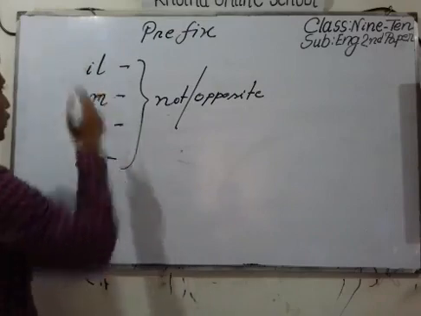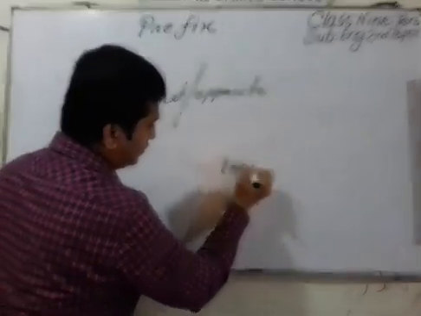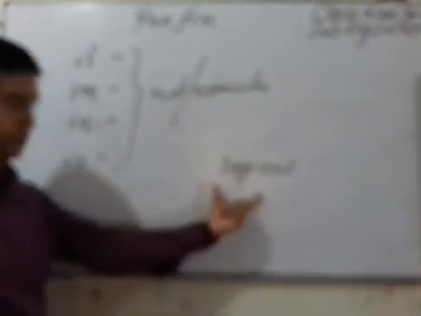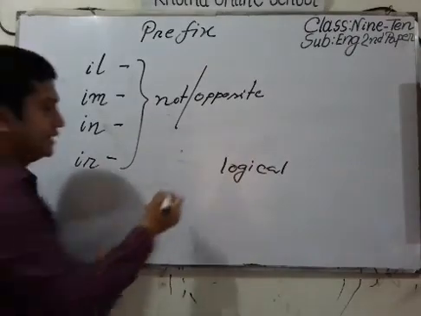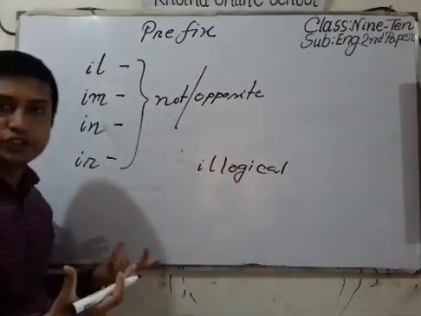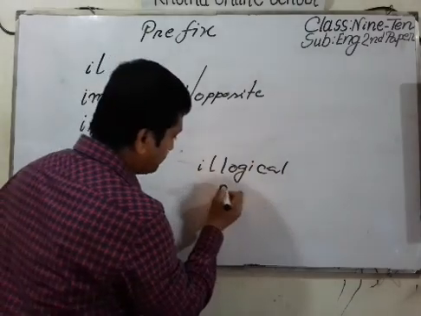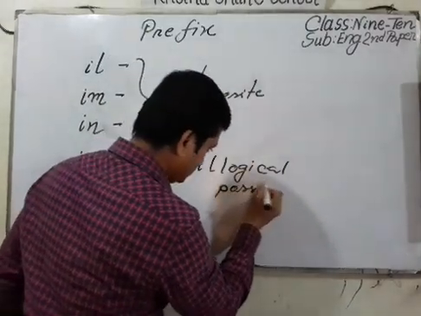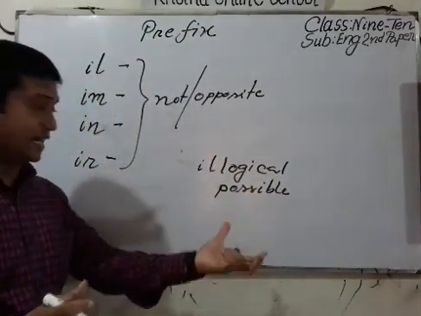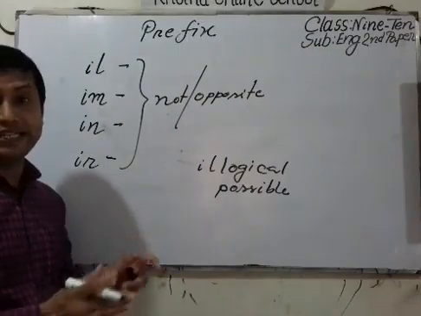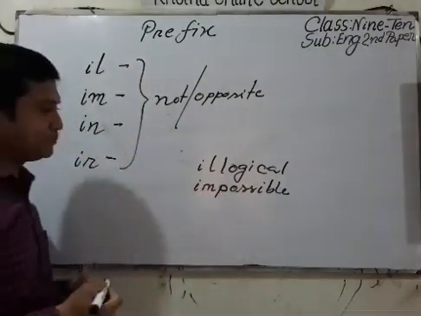Do you want to see some example words? Okay. For example, first "il". Look at logical. You can make the opposite of this word by adding il: illogical. Suppose something is possible for you, but it is not possible for another person, so you can write impossible. Another word, correct.